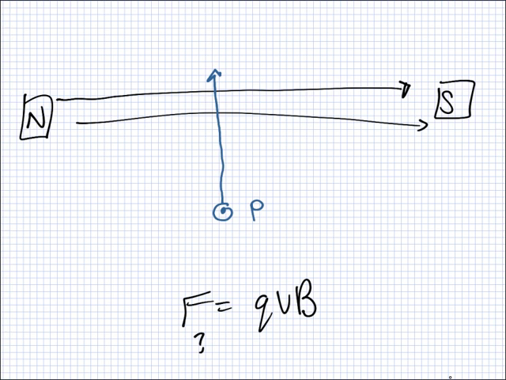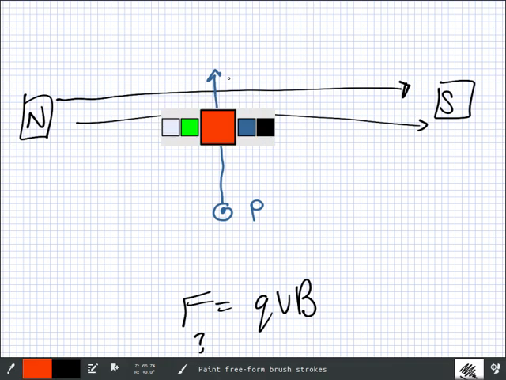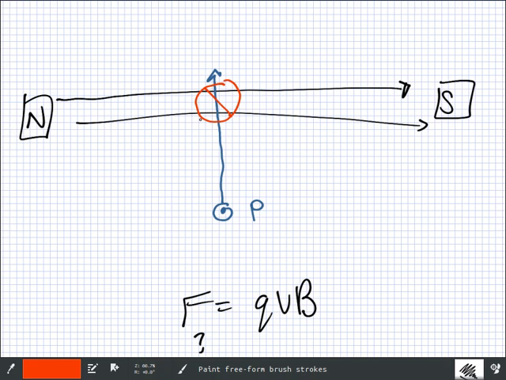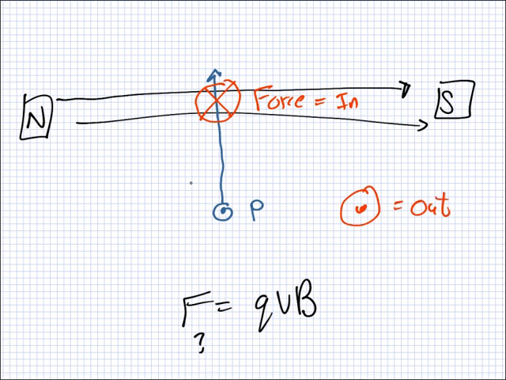So right and up, the force goes into the page. The symbol is like this. This is the symbol for the force, and that means it goes in. And if you're wondering, this symbol here means the force goes out. So the proton will move into the TV.